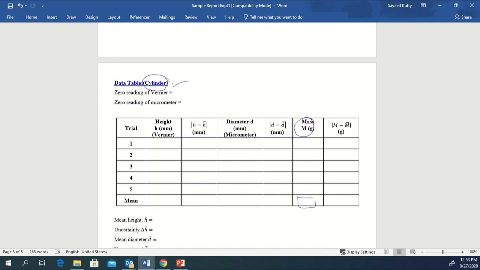Then we ask you to write the mean value here, right? In the same way, we ask to find the height of the cylinder in millimeter. The same cylinder, we are going to measure the height 5 different times.